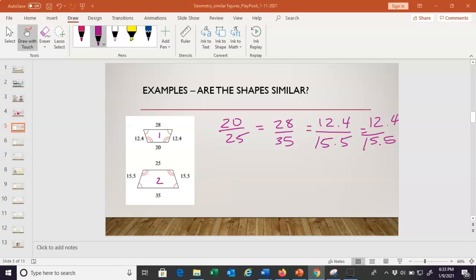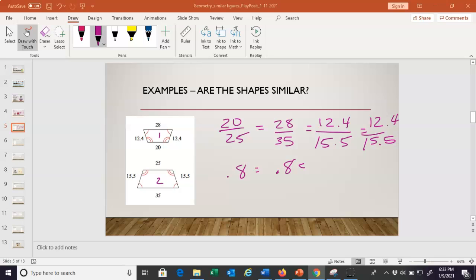So 20 divided by 25 is 0.8. 28 divided by 35 is also 0.8. Looking good so far.